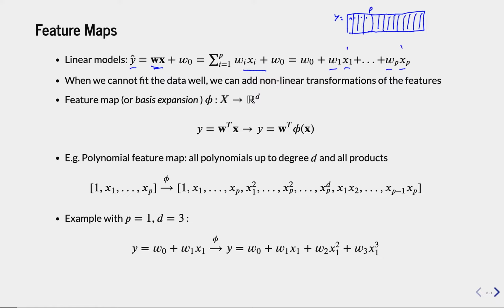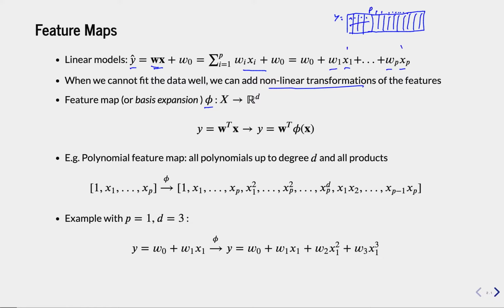Important to make sure that our models don't remain linear, we want those extra features to be a nonlinear transformation of our original features x. We call that transformation phi.